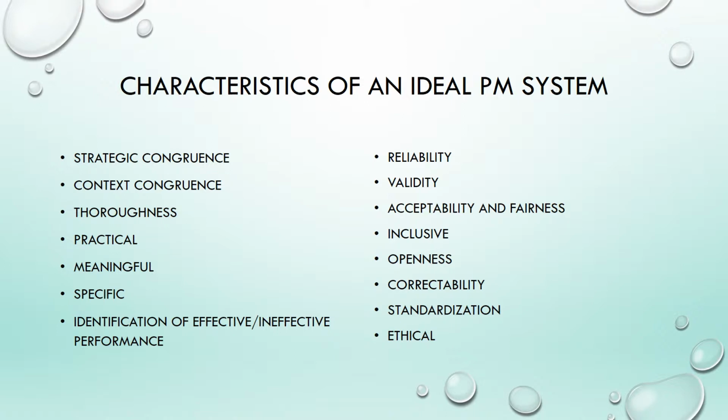Then you have context congruence. Does it match the culture of the company? Is it thorough? Is it practical? Is it meaningful? Is it specific? Does it identify effective or ineffective performance? So does it tell you if people are performing well or not?